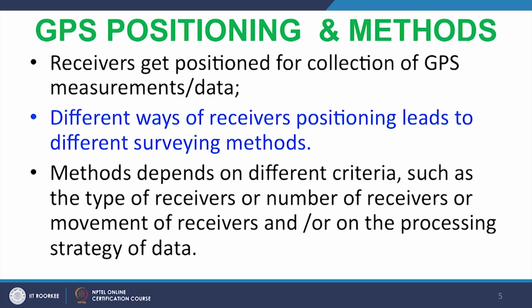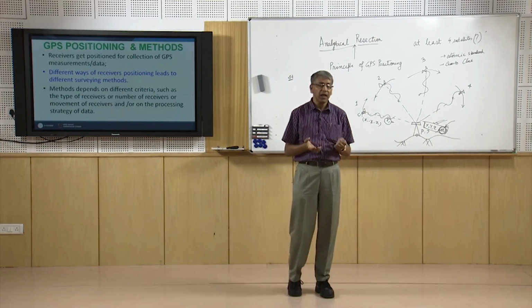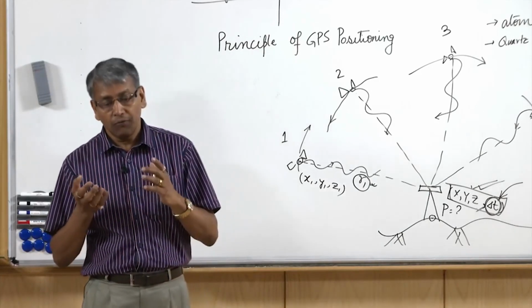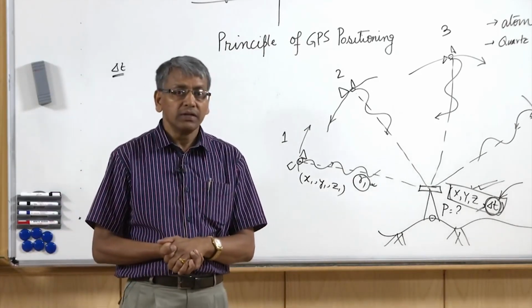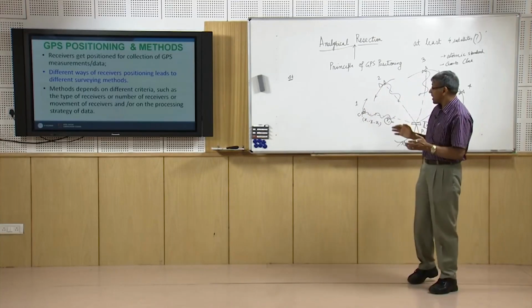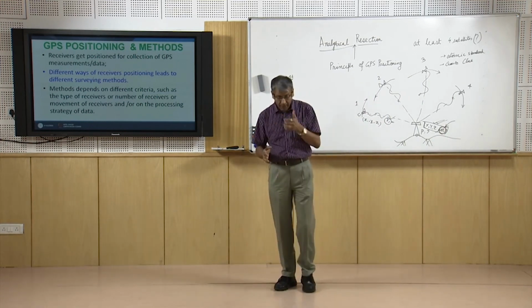Now, we would like to discuss methods of GPS positioning. We can see from our principle of GPS that to carry out GPS surveying we need to place our GPS receiver at any position for which we need to determine the position. So, GPS surveying basically consists of placing the GPS receiver.